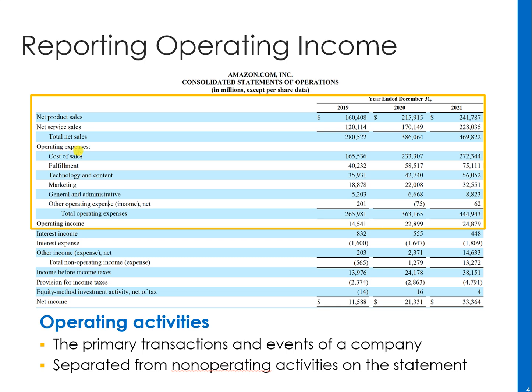The operating expenses include cost of sales and fulfillment. If you have an Amazon membership, delivery expenses are included in this fulfillment. Then technology and content, marketing, and general administrative and other operating expenses.